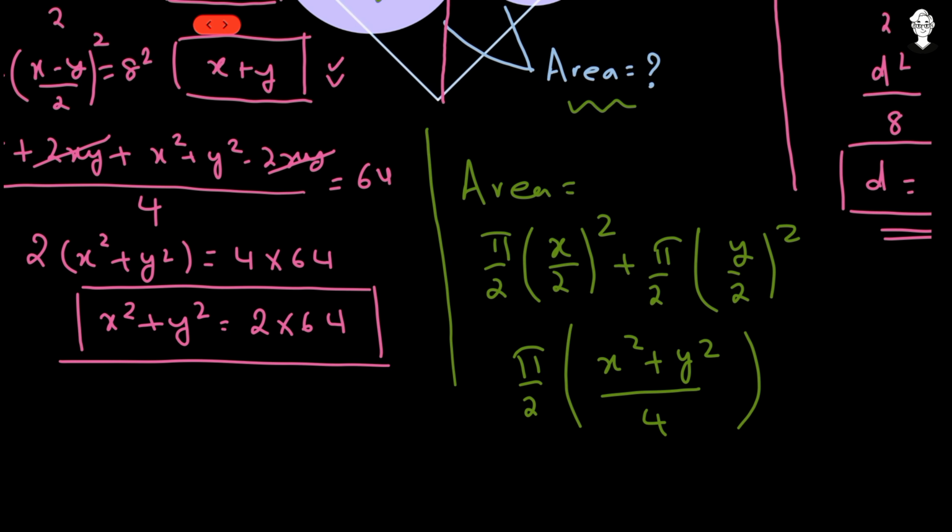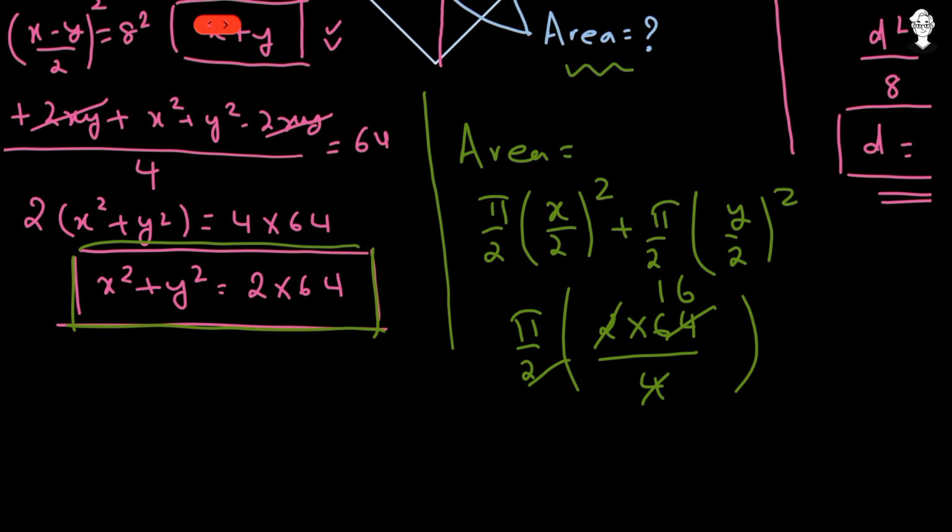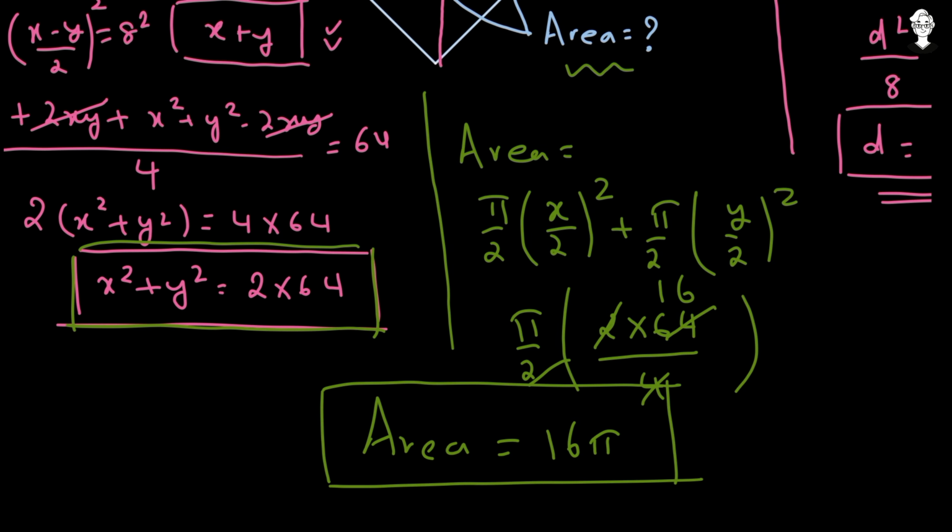Now remember that we have got the value for x square plus y square, that is 2 times 64. So over here I can replace x square plus y square with 2 times 64. So now from the table of 4 it goes 16, this 2 and this 2 got cancelled out. So we finally get the combined area of the semicircles as equal to 16 times pi, and that's the answer that we were looking for.